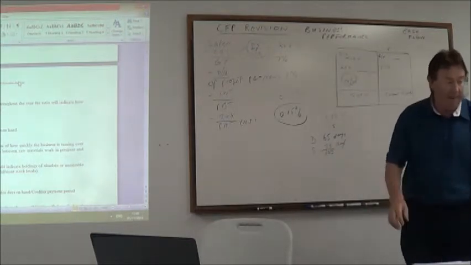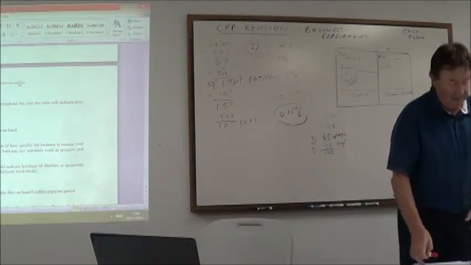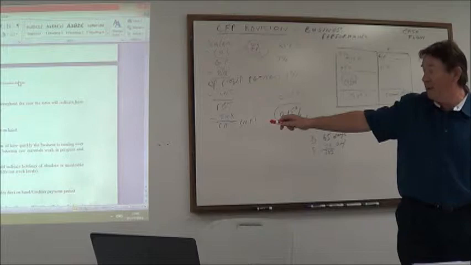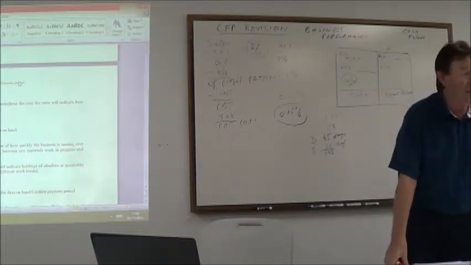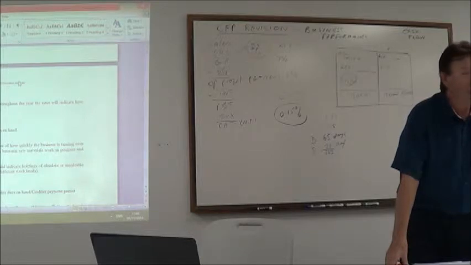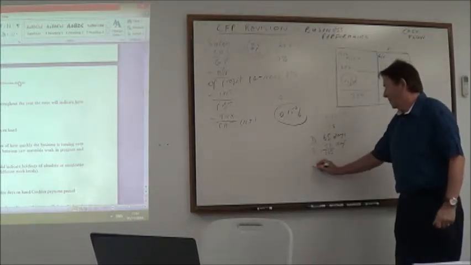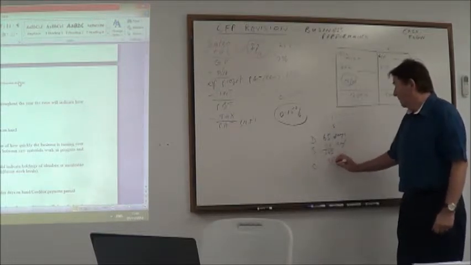Anybody got the answer? You need to keep on this list here. We're doing number 6. Trade creditors divided by cost of goods sold times 365. 85? Okay. So creditors, I'll put it in red, 85.